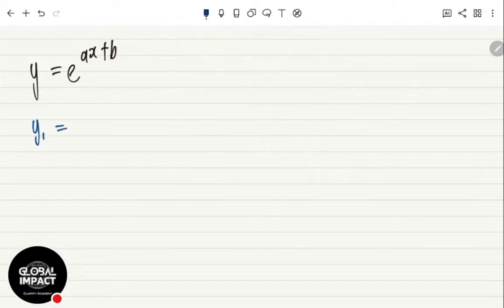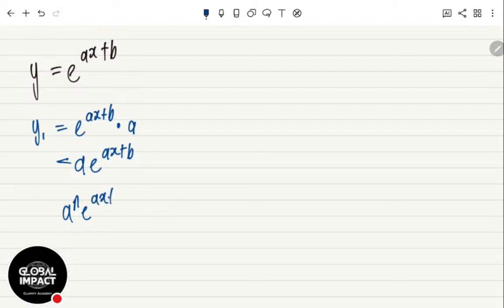Y1 is e to the ax plus b times the derivative of ax plus b, which is a, since the derivative of b is nothing. So you end up with a e to the ax plus b, and it keeps going, so you end up with a to the n, e to the ax plus b as your yn. That's your nth derivative.